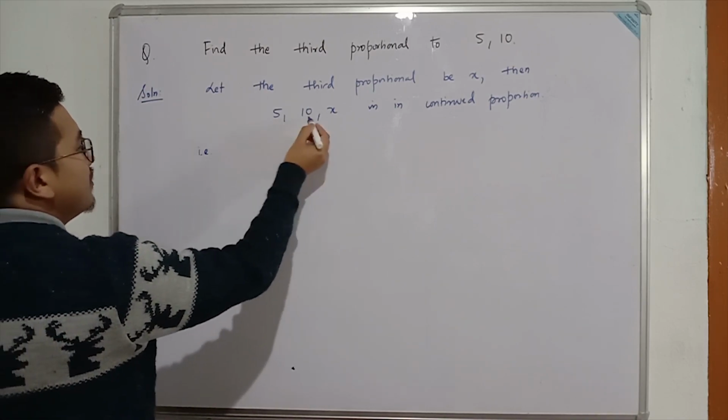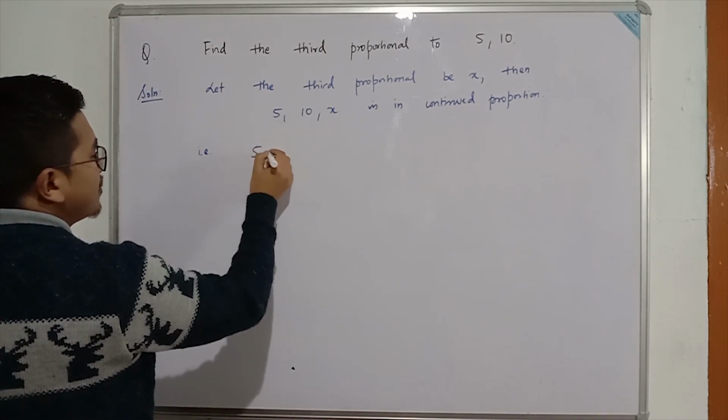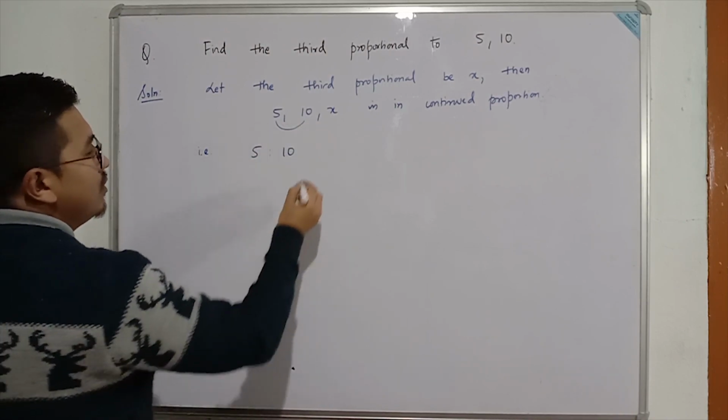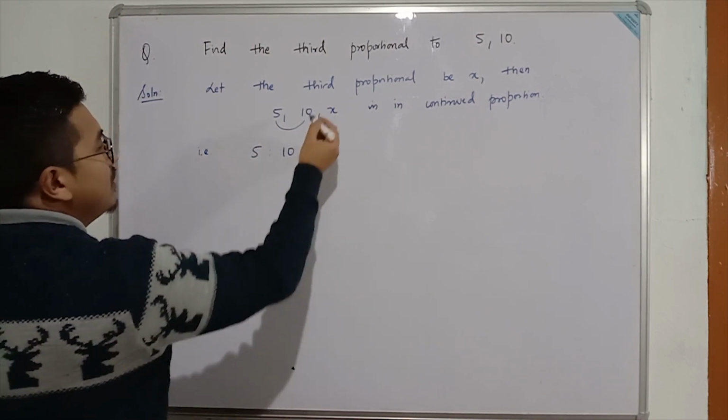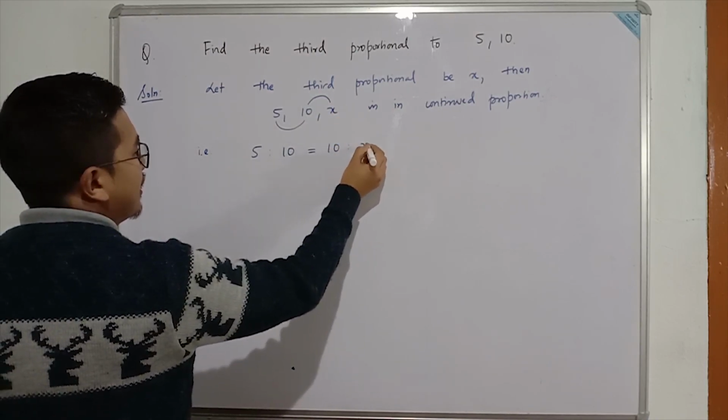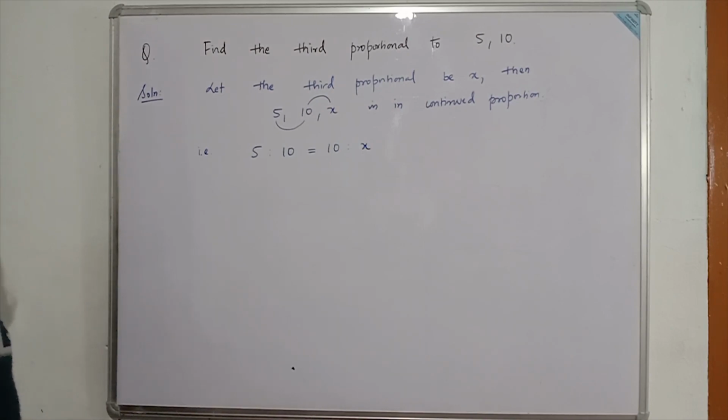It means the ratio of the first two numbers, that is 5 and 10, will be equal to the ratio of the second and the third, that is 10 is to x. So this is what we get.